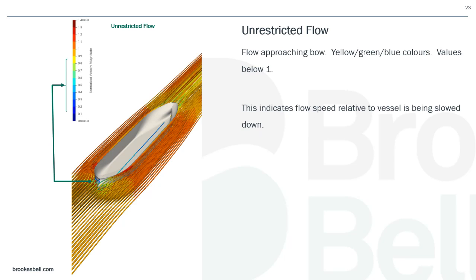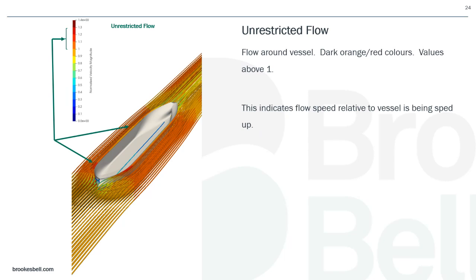As we come forward so that it starts impacting the vessel, you start to see the colour changing, turning yellow and green and blue. And if we look at the scale here, we see that these colours correspond to values less than 1, and values less than 1 indicate that the flow is being slowed down. That's something you would expect here also, because it's hitting the bow and slowing down as a result relative to the vessel.